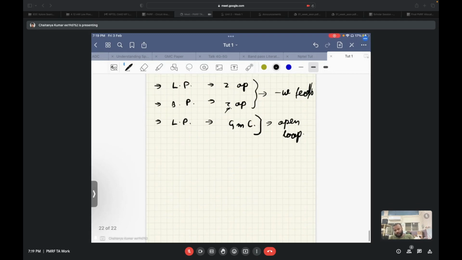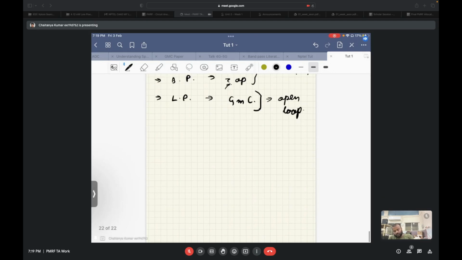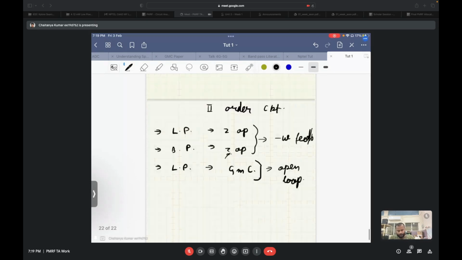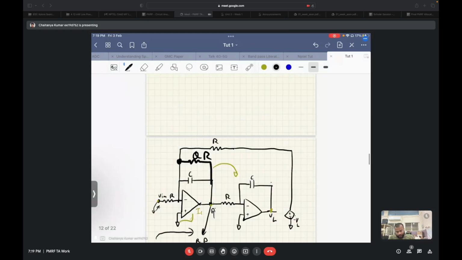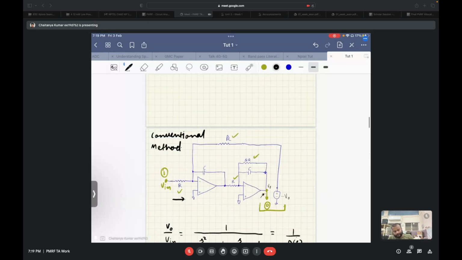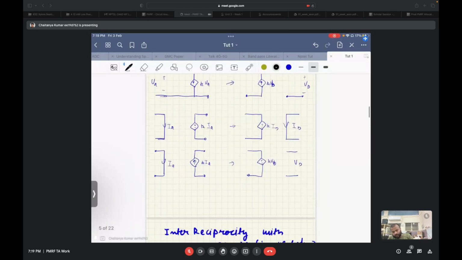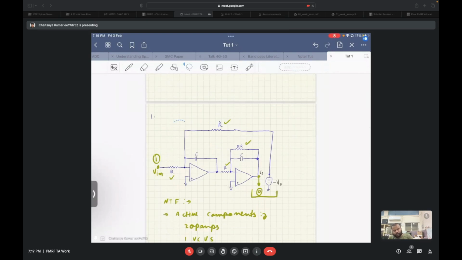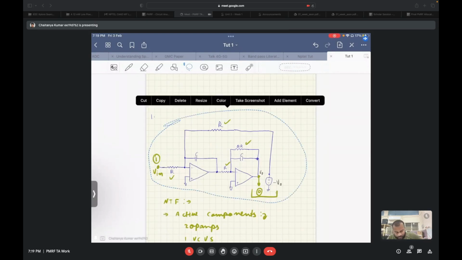So what we had as a low pass filter that we have discussed previously, we will copy that circuit over here. This was the first circuit, the low pass transfer function with two op amps.